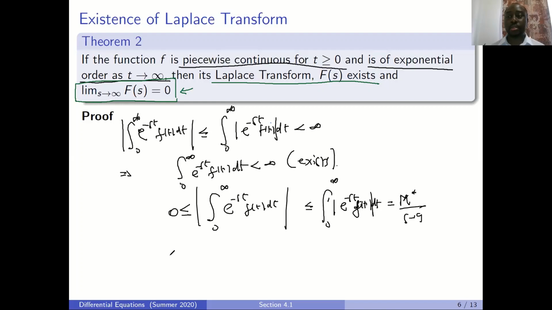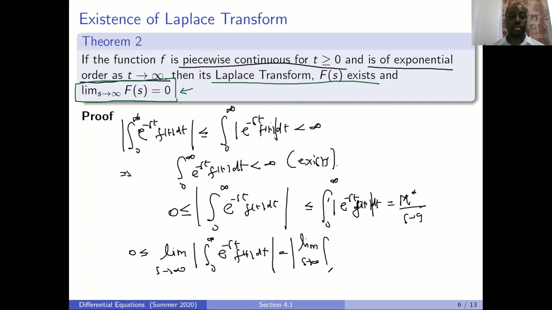And so now if I take the limit as s approaches infinity, I have that the limit as s approaches infinity of the absolute value of the integral from 0 to infinity of e to the minus st f of t dt, right, this is going to be positive, is less than or equal to the limit as s approaches infinity of m star over s minus a.